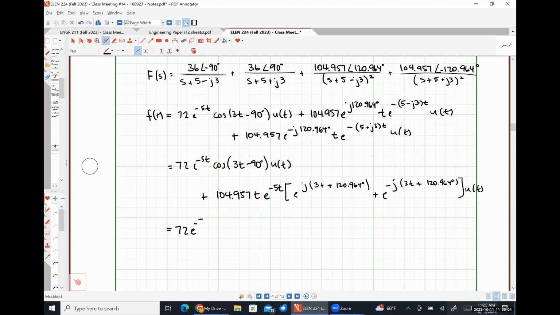72 e to the minus 5t cosine 3t minus 90 degrees plus 104.